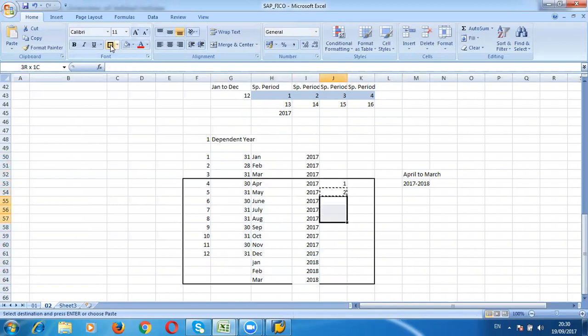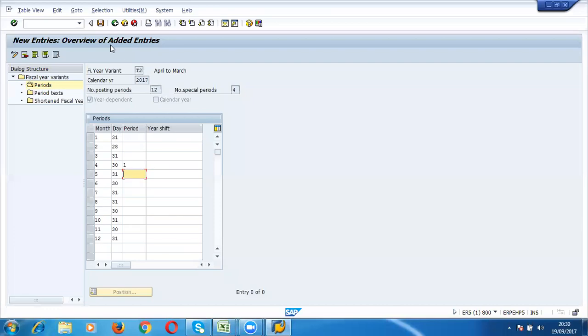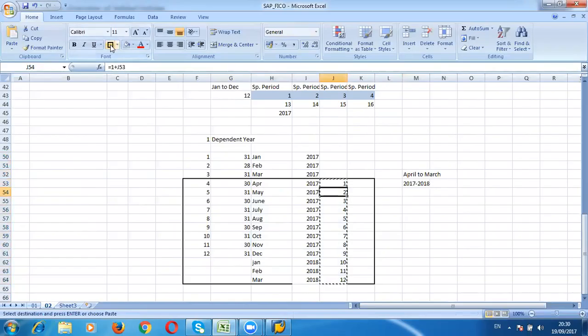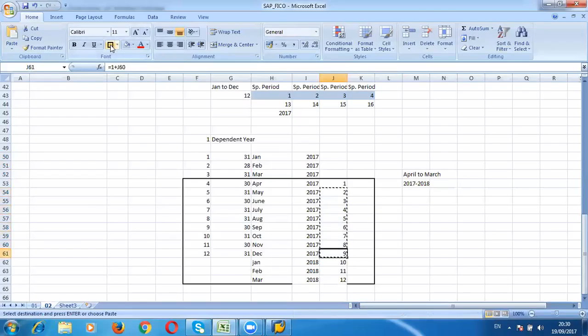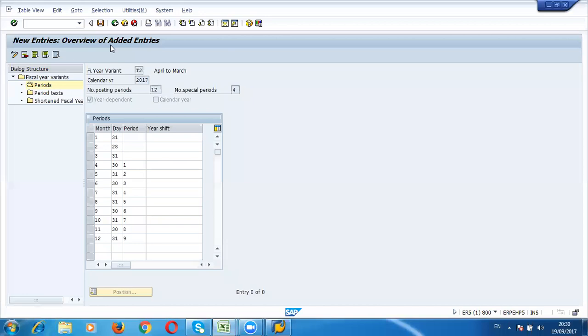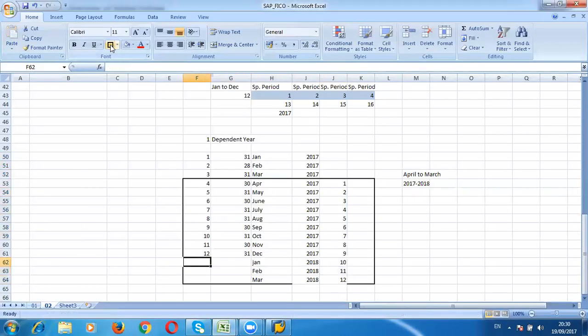That is period 2, and so on. We have period 12. Now I need to tell the system about this. All these Jan, Feb, March are related to 2018. So that is 12, 12, and 11 and 12. Okay, that is fine.